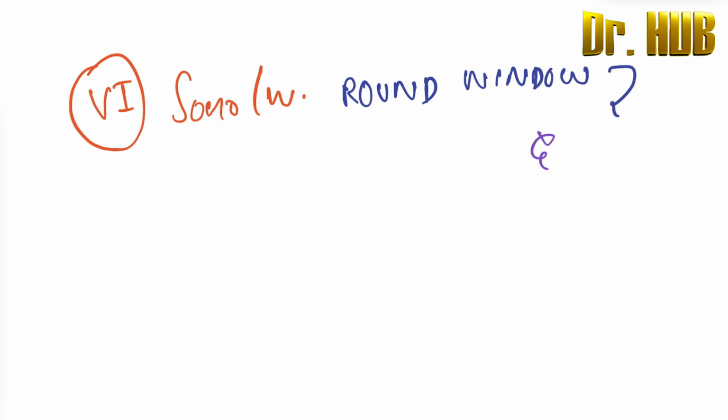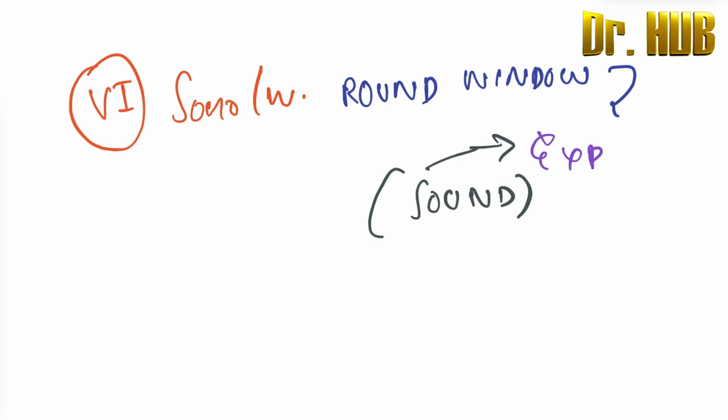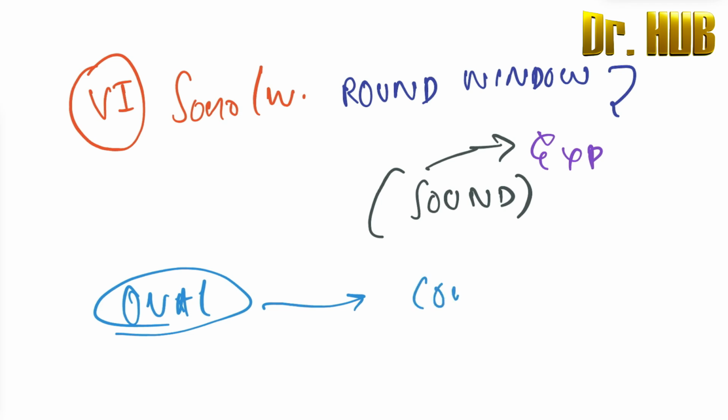The round window receives the sound and the oval window is covered. That is, there is a reversed pathway.